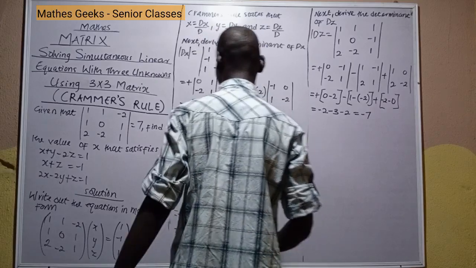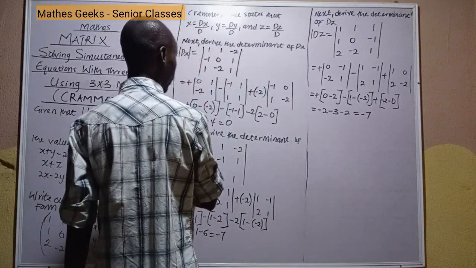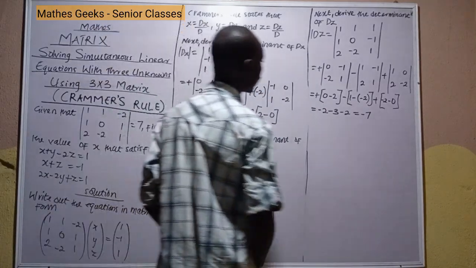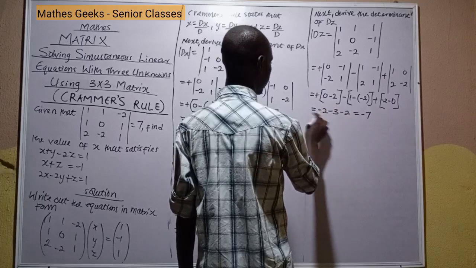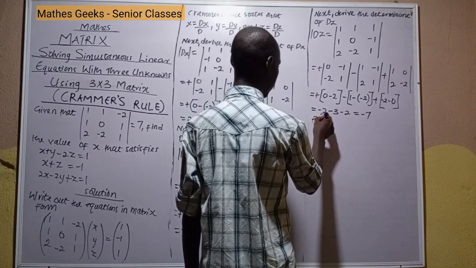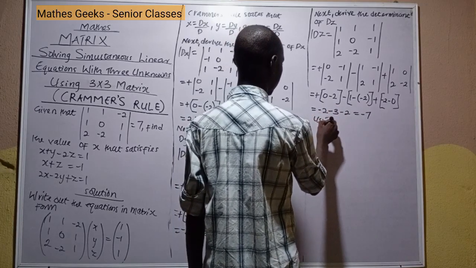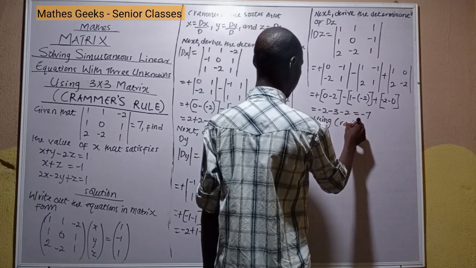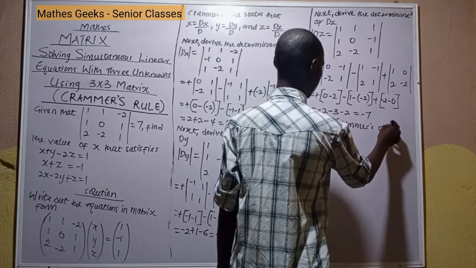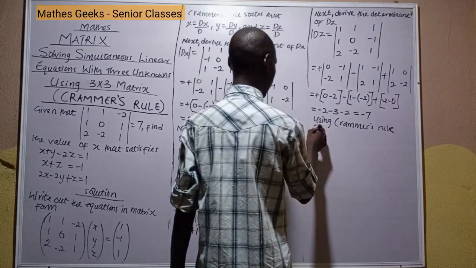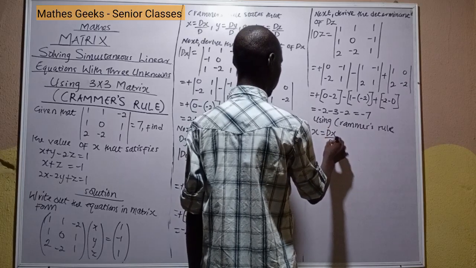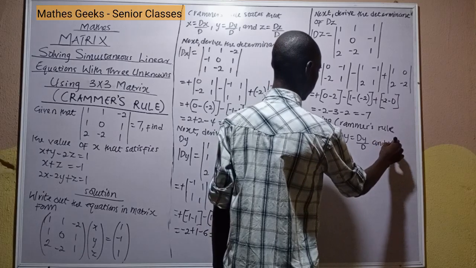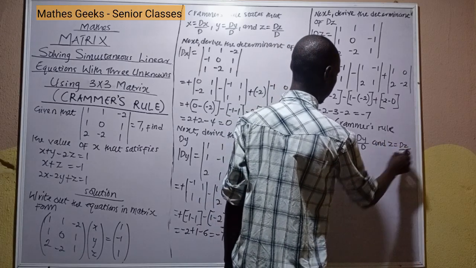So we've gotten the determinants of dx, dy, and dz, and we also know the determinant of d, which is the main matrix. So what we do, using Cramer's rule, we say x equals dx over d, y is equal to dy over d, and z is equal to dz over d.